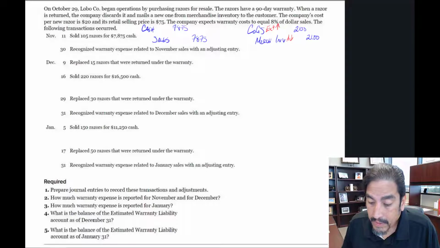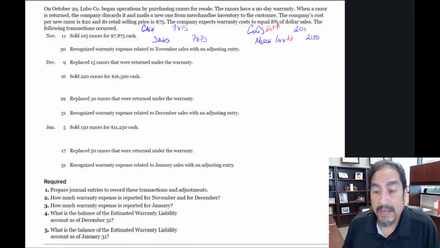Next, recognize warranty expense related to November sales with an adjusting journal entry. So we're doing this monthly, at the end of each month, we're going to record the adjusting journal entry for the warranty, the estimated warranty expense, which is 8% of our month's razor sales.